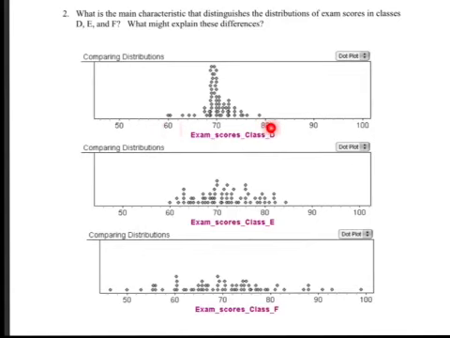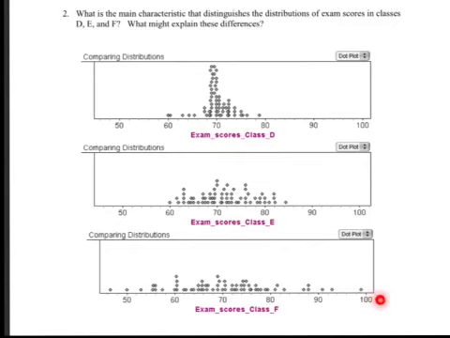In this class, Class E, the low score was 60, the high score was 85-ish, so the range was 25. And then in this class, Class F, we had a low of about 48 points to a high of close to 100. So the range is over 50, and that's demonstrating a change in the spread of the distribution.